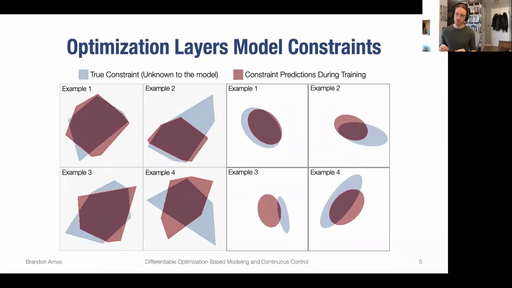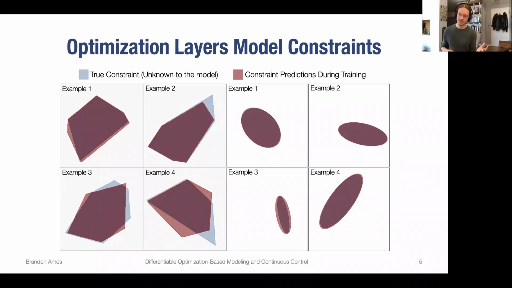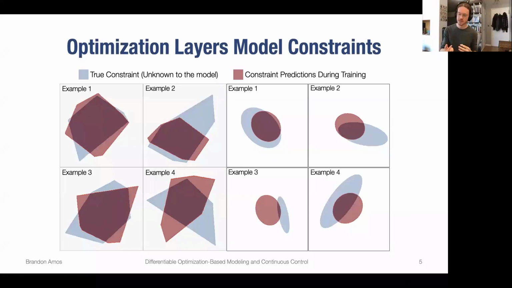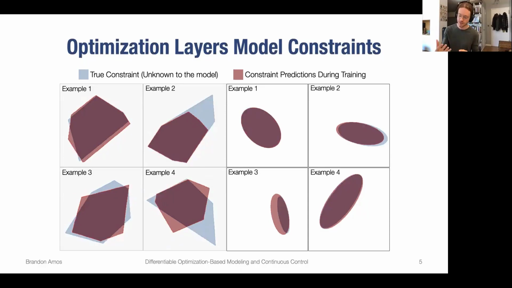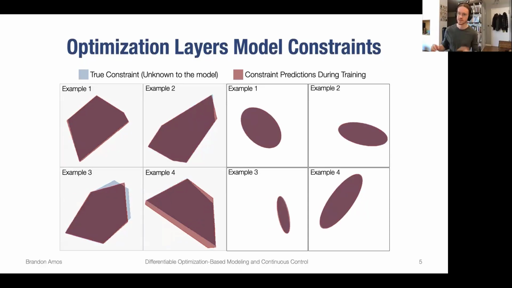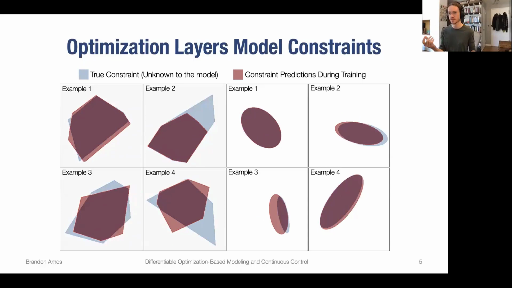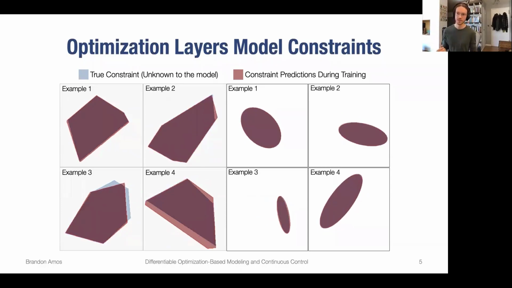And what's nice about optimization layers is that you can directly parameterize this constraint set and you can learn it from data, which is what I'm showing in this example. So the blue polytopes and ellipsoids are the true polytopes that are perhaps underlying some data process. And the red polytopes and ellipsoids are showing what happens when you try to learn polytopes to match the data. So that's just one intuitive example of how you can use optimization layers.